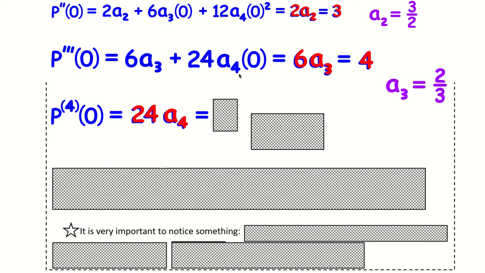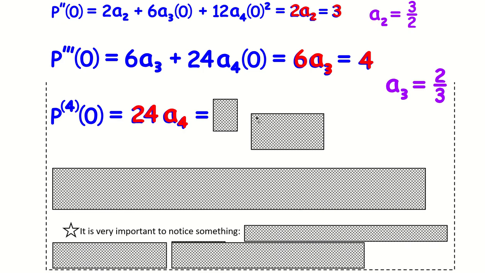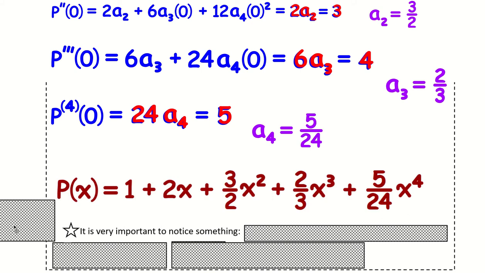I don't know if I said a to the 4th; if I just said that, I apologize. 24a sub 4, and that's supposed to equal 5, right? And so a sub 4 is going to be equal to 5 over 24.